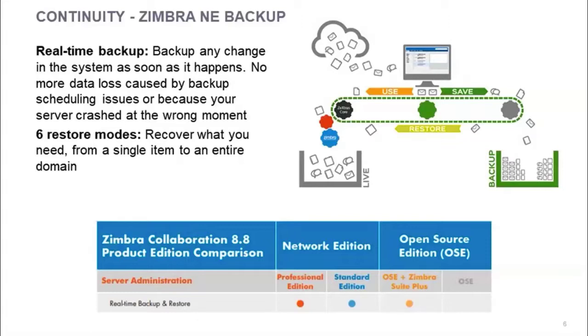For example, you want to restore a mailbox for employee 1. Instead of restoring the whole backup, you just restore a single account for a single employee. And in between, you have all other levels of backups, so you can back up a group of employees, a single employee, or the complete solution.